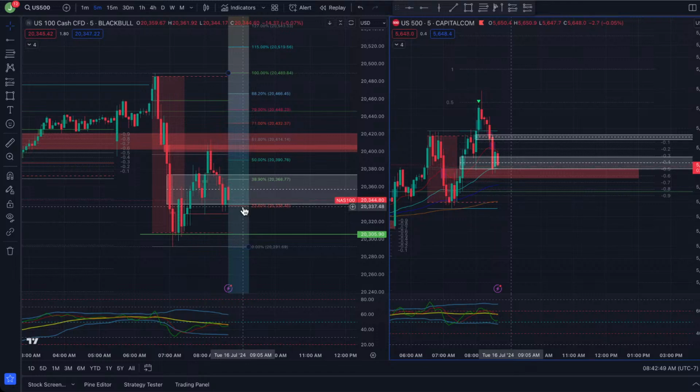So hoping to get confirmation on NAS that aligned with US 500, but we're still sitting in the range.